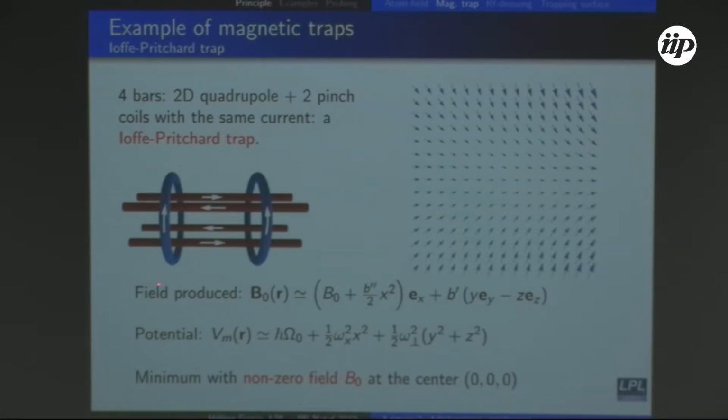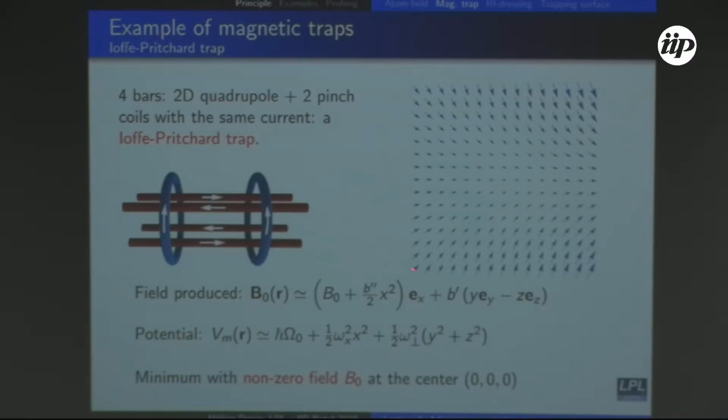And so you can do that with two coils with the same direction of the current, which produce a minimum of magnetic field if you choose the right distance. And locally, you will have a minimum plus a quadratic variation as for any minimum. Okay?